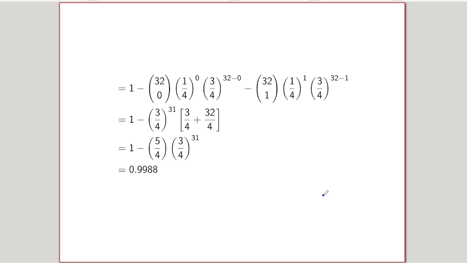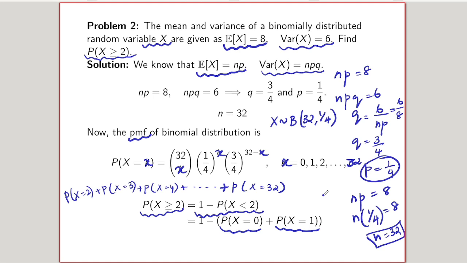So substituting the value of x equal to 0 and x is equal to 1 correspondingly, and taking the term 3 by 4 whole power 31 commonly outside, using calculator you will be able to obtain the value 0.9988. So the main one in this question is using this property.